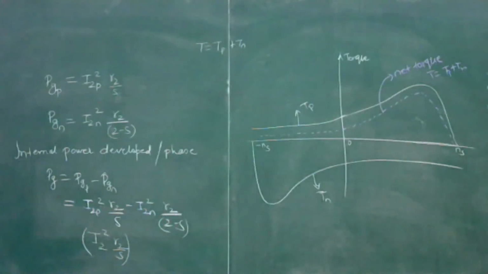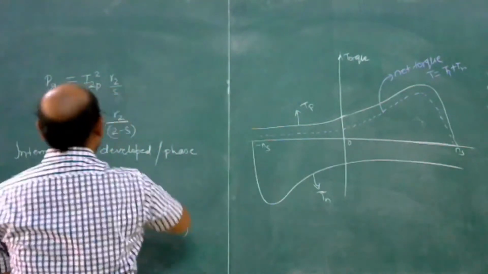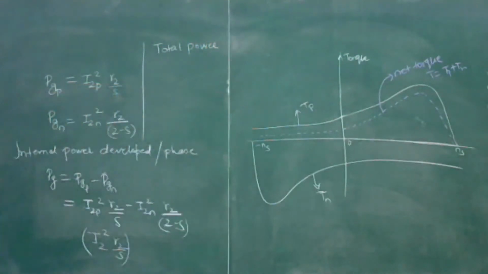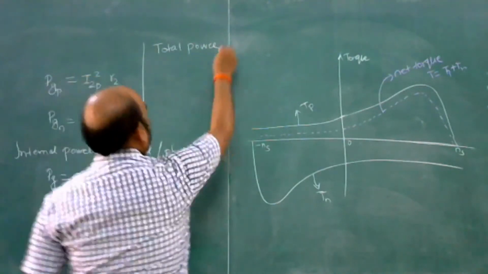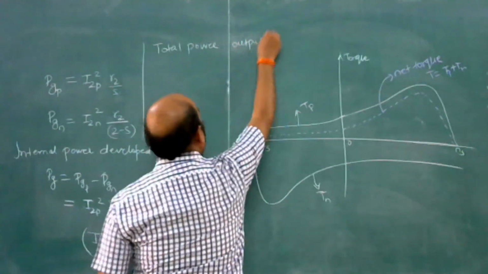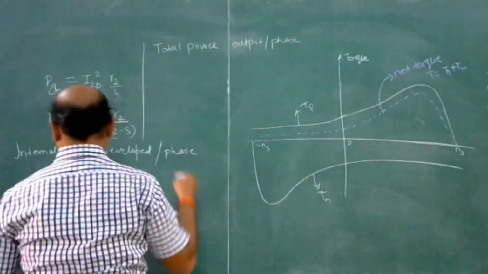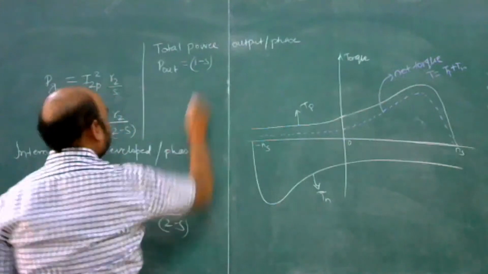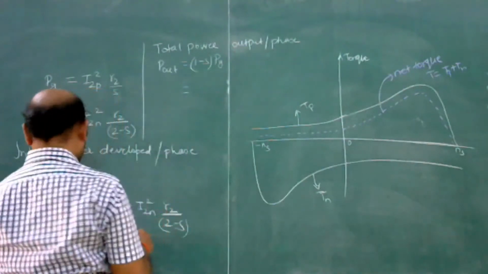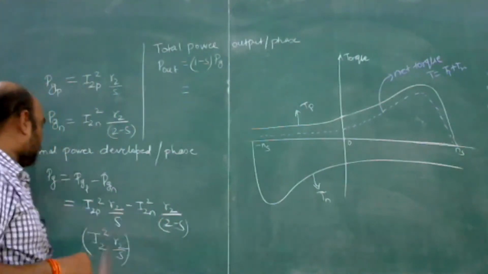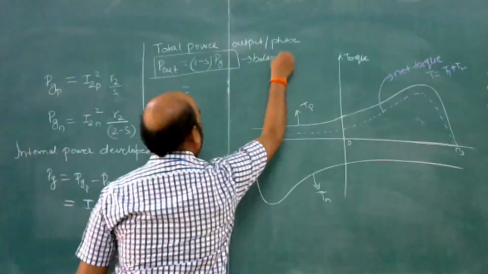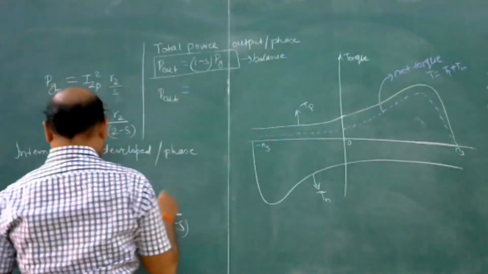So this will reduce the overall power developed, and we can find the total power output per phase, which is equal to P out, if losses are neglected, 1 minus S times Pg. So this is for balanced. For unbalanced, P out will be equal to 1 minus S times Pg.